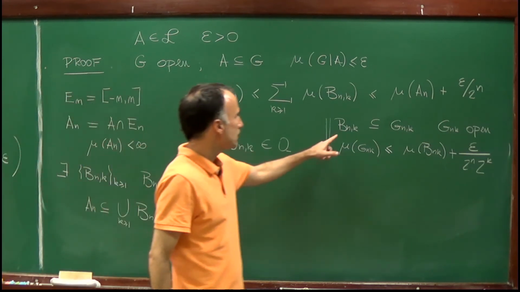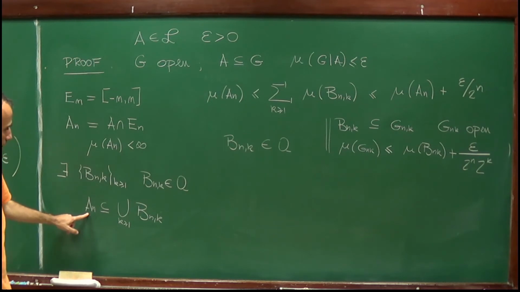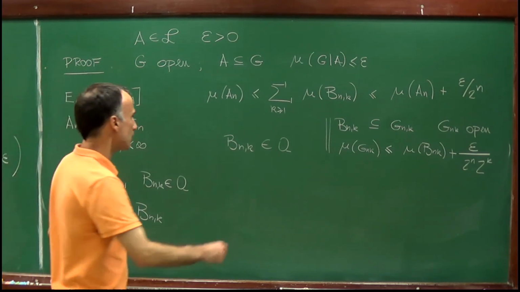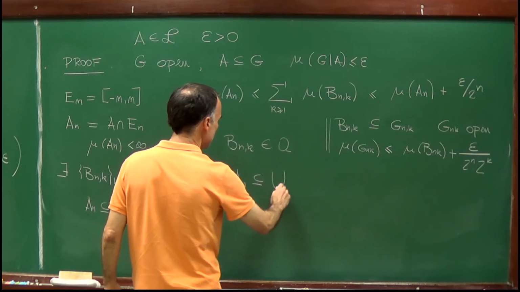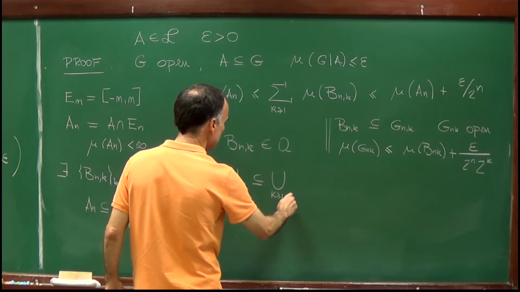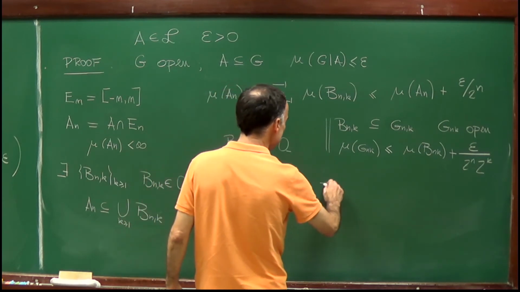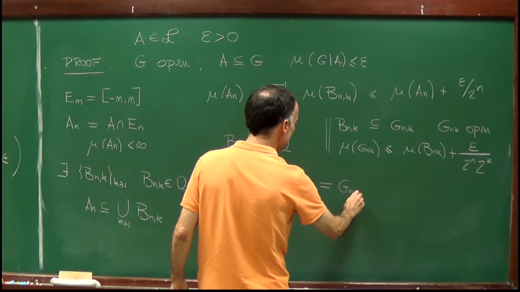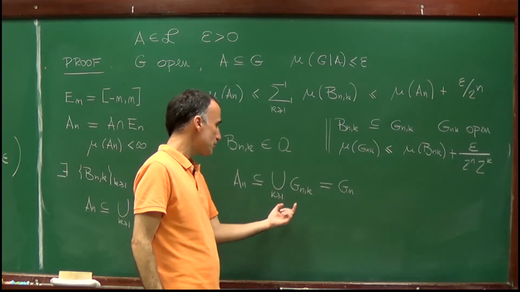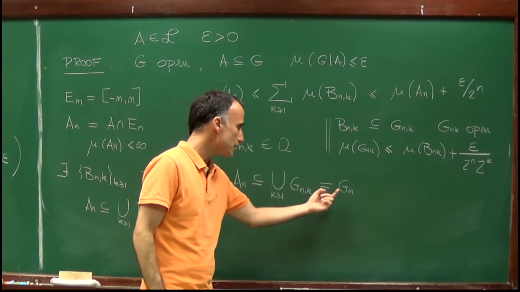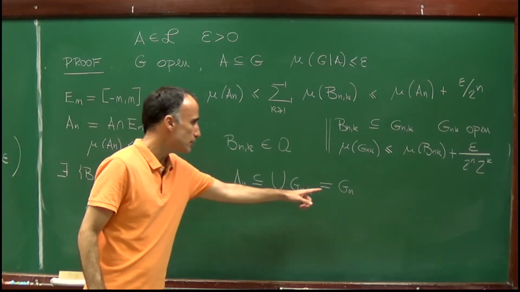Well, since B_{n,k} is contained in G_{n,k}, it's also true that A_n is contained in the union of G_{n,k}. And let me call that set G_n, which is also an open set, because each of these sets is an open set, and we know that a union of open sets is an open set. So A_n is contained in G_n.